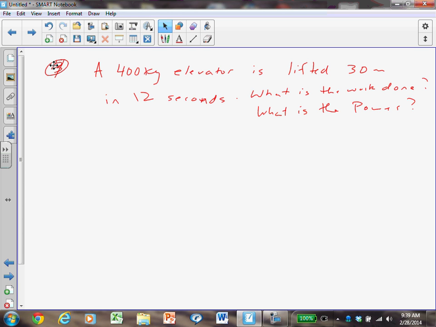Because power is measured in watts. So work is what? F delta S. And the force here would be what for an elevator going up? What are we working against?